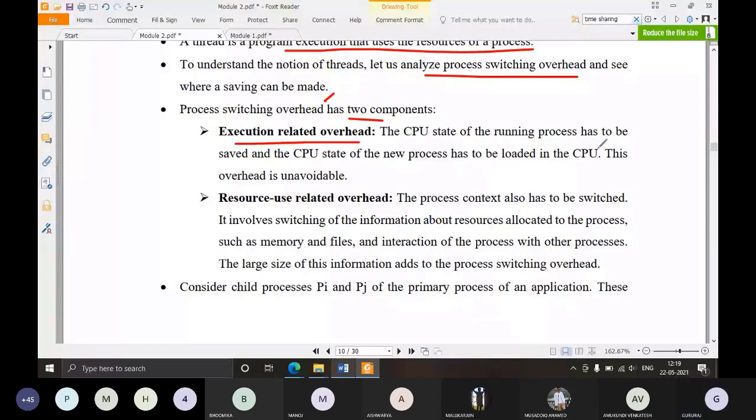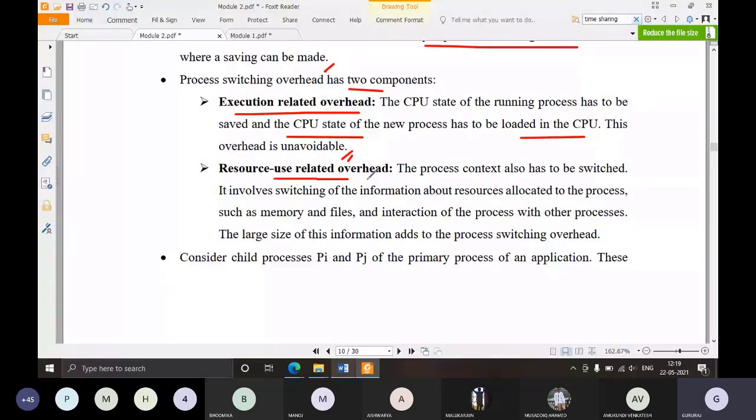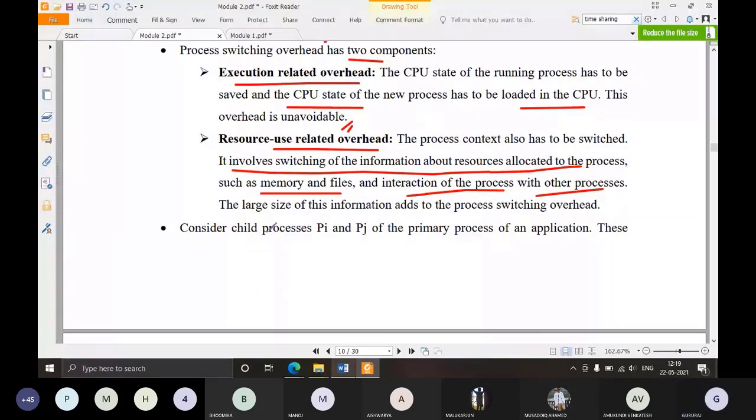This is one unavoidable overhead. Next is resource use related overhead: the process context also has to be switched. It involves switching information about resources allocated to the process, such as memory, files, and interaction with other processes. This is a large amount of information that adds to the process switching overhead.